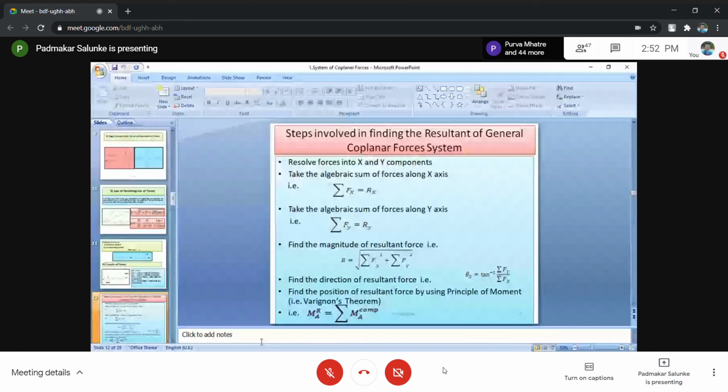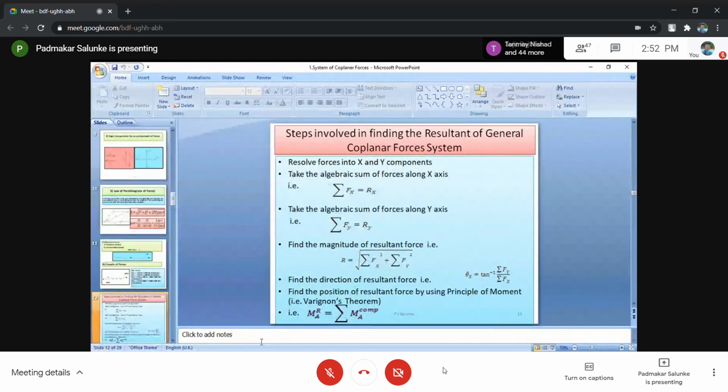How to find the resultant, that we have seen. This theorem is the most important theorem. It is called the principle of moment, or it is defined by the scientist Varignon. That's why it is called Varignon's theorem. Once again, I will repeat. The algebraic sum of moments of all component forces at any point is always equal to the moment of the resultant about this point.